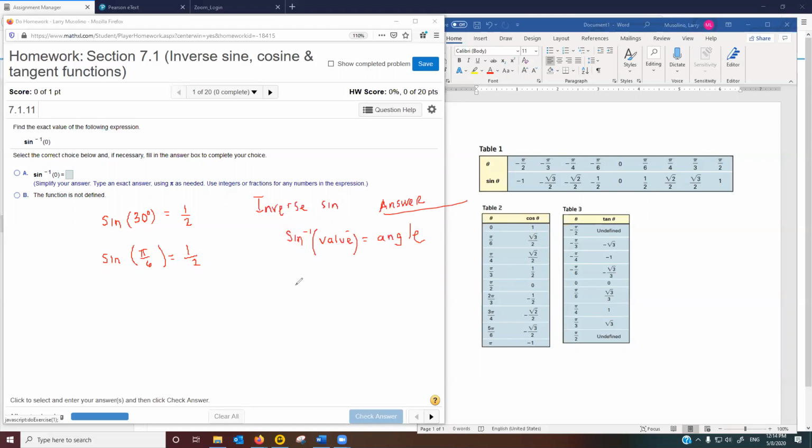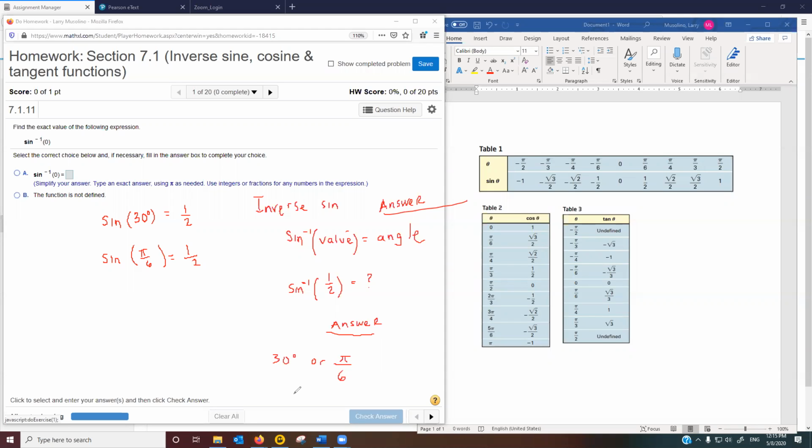Okay, so if I was to ask you, what is the inverse sine of 1/2? Well, really that's asking you the question, what angle has its sine equal to 1/2? Well, the answer here would be, I could either write it as 30 degrees, if I wanted to write the answer in degrees, or I could also write the answer here as pi over 6.